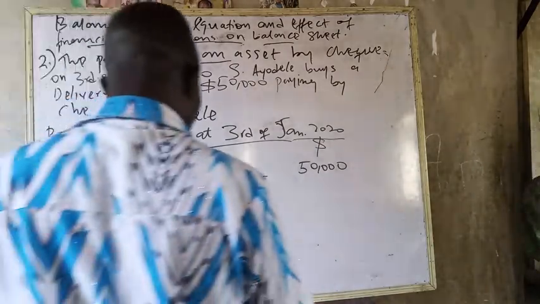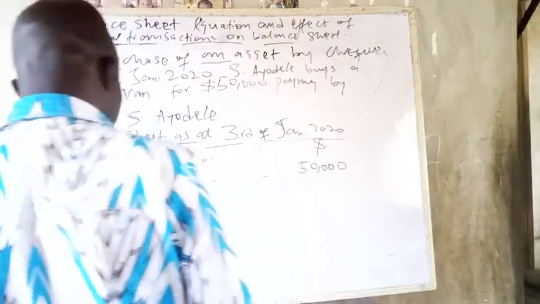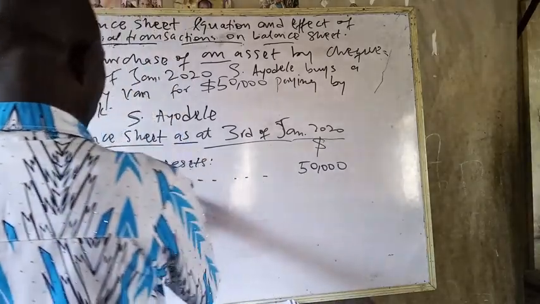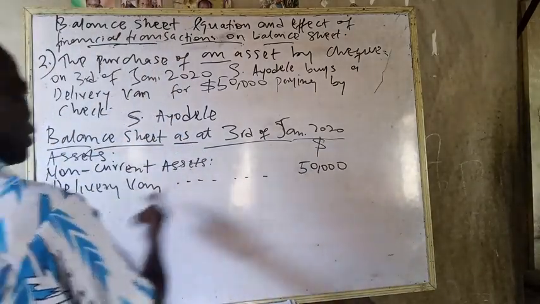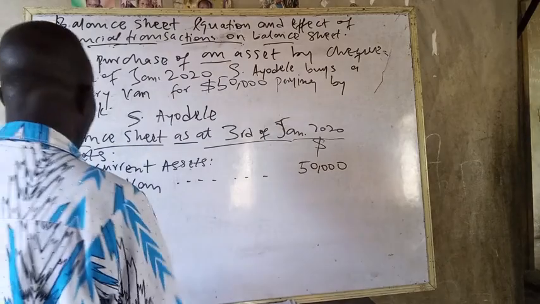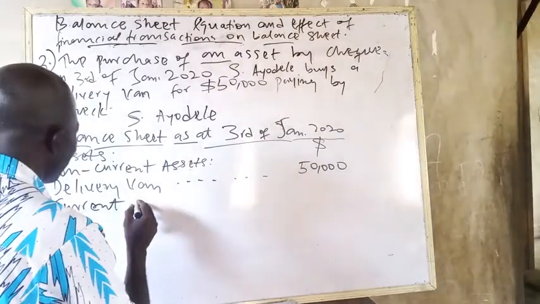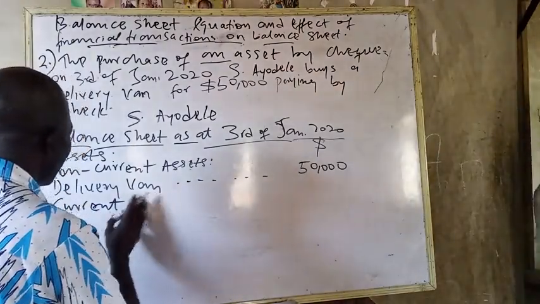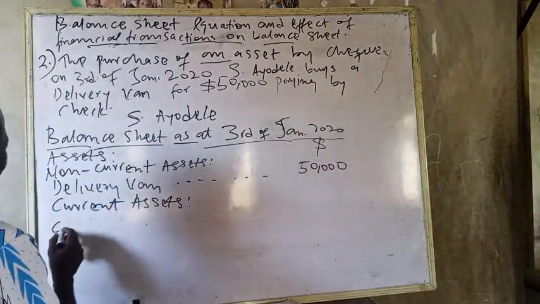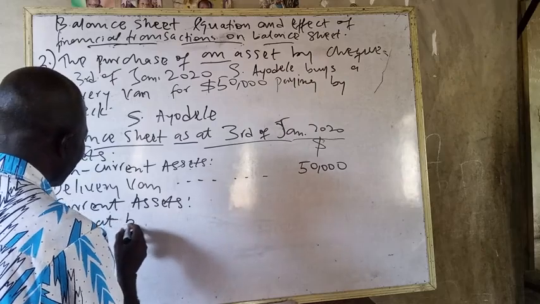He paid for the delivery van. You know we have 100,000 there before. Now he paid, that means from the bank it will be reduced. In the previous example you have 100,000 for the bank. So now under current assets, which is cash at bank.